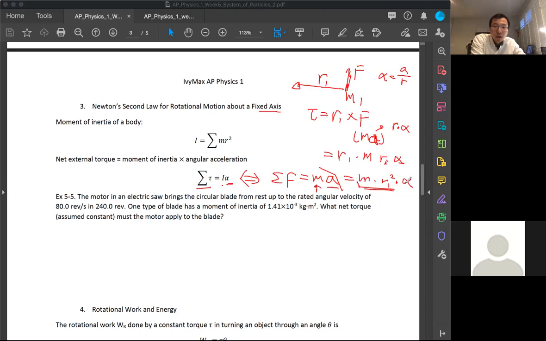Each one of them rotates with the same acceleration, so I just need to accumulate all those things together. This sum is defined as I. This is how the I comes about, I times alpha, since we believe that every item in the system is rotating with the same alpha altogether.